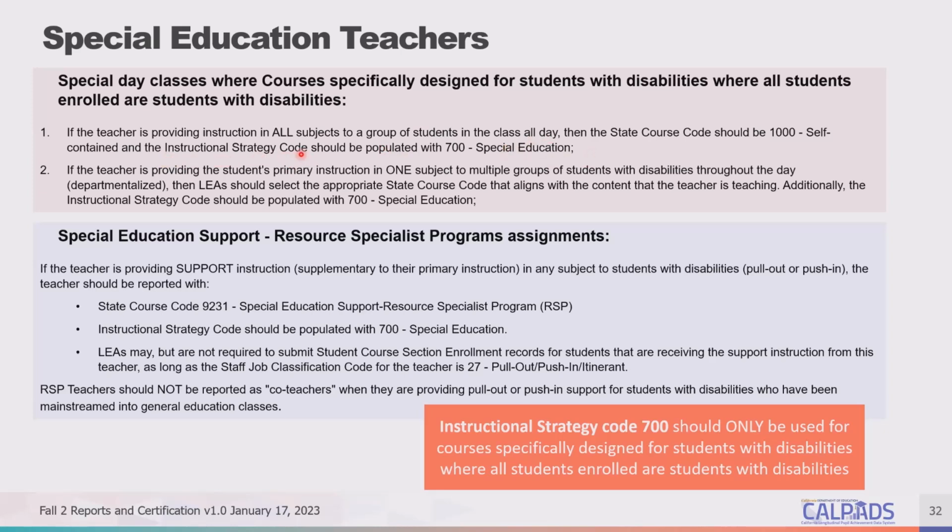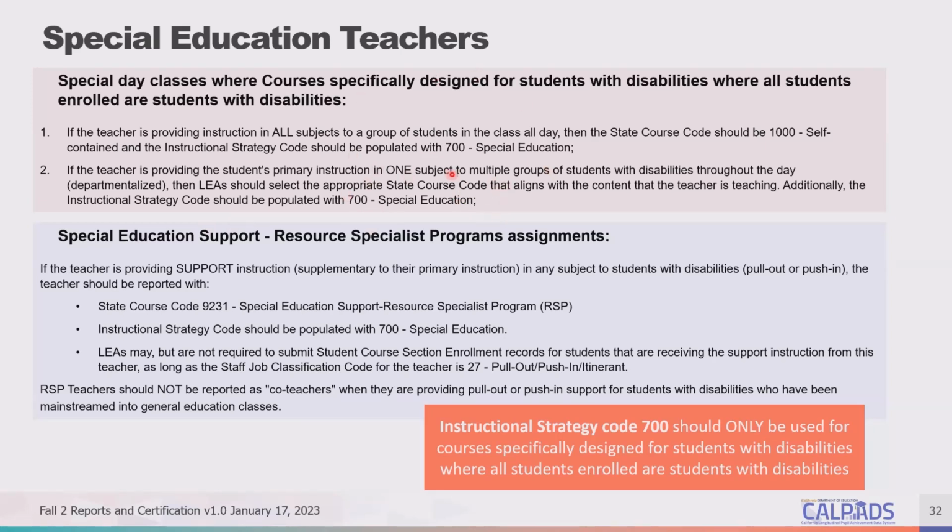There are some teachers who are teaching maybe departmentalized courses. So just the same, if that is the case, you report that teacher to one of the departmentalized state course codes and assign that 700 special education code for that course.